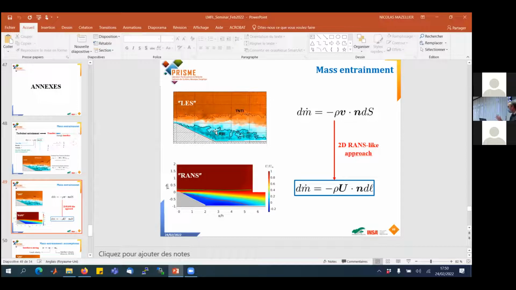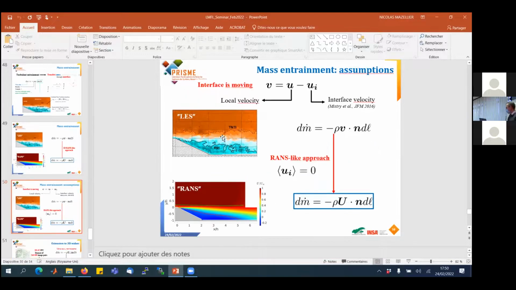The problem is, if I want to do this, I need to define the interface, and I need to define the speed of the interface. And this is my tricky problem right now, because we have PIV systems which are not fast enough. And if we have not fast enough PIV systems, we cannot track the interface.